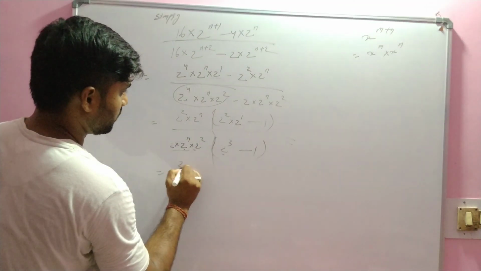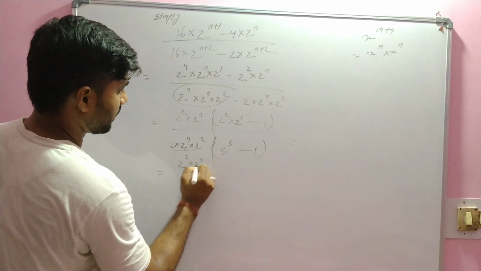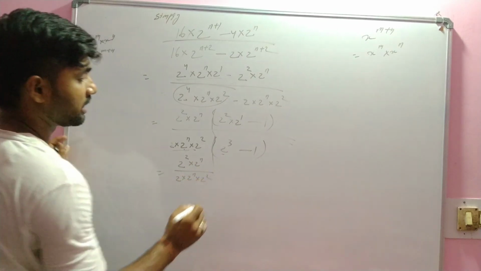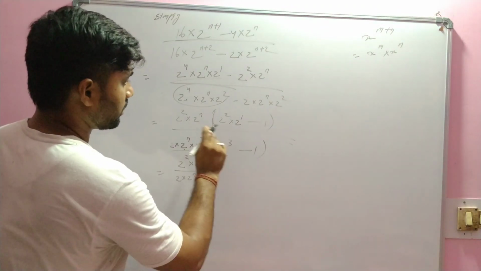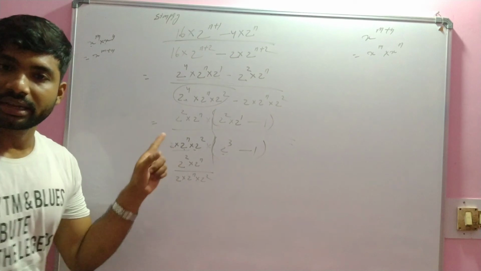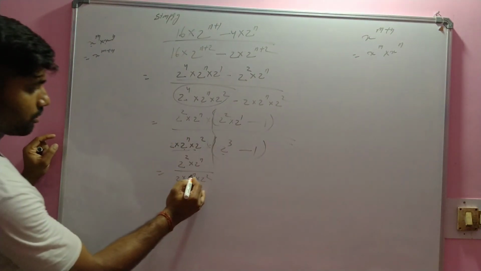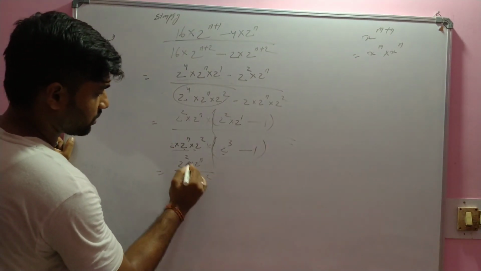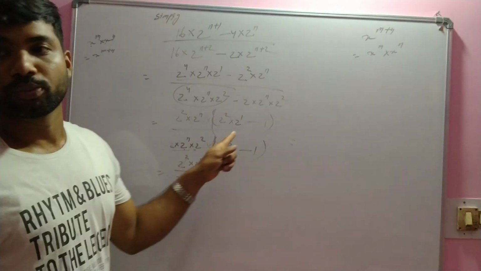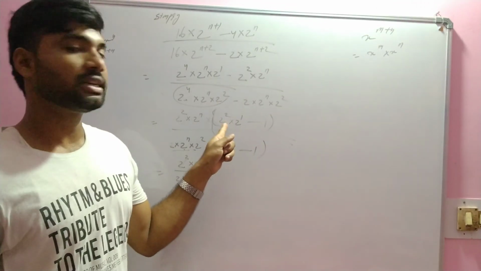2 to the power 2 into 2 to the power n by 2 into 2 to the power n into 2 to the power 2. Look at here. Here is multiplication, here is multiplication. Then right now you can cancel it. 2 to the power n, 2 to the power n cancel, 2 cancel. 1 is 1. 2 to the power 4 into 2 to the power 1, how much? 16.